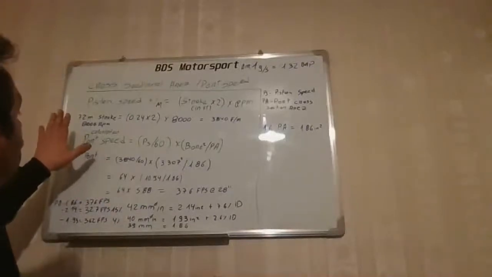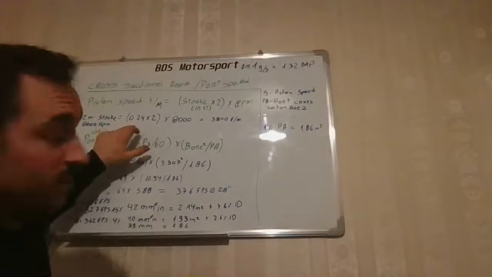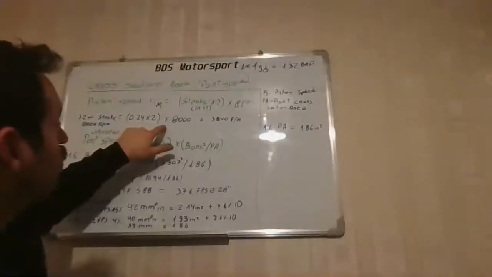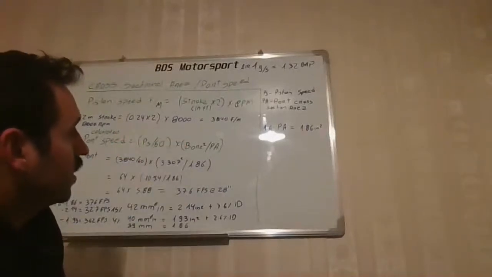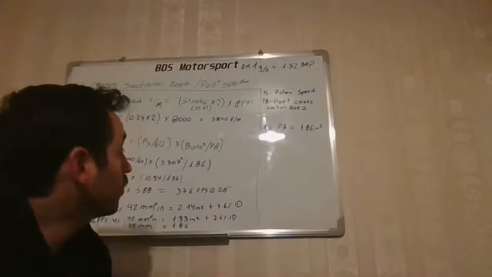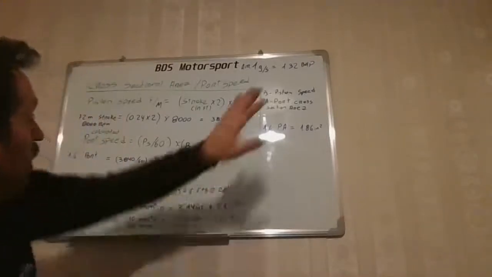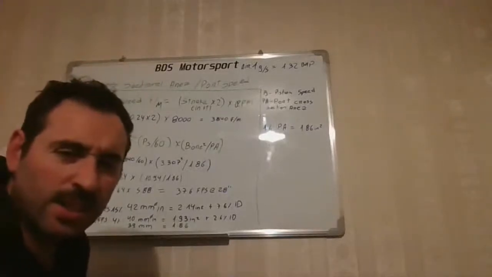So we've got the stroke is 0.24 feet. We time it by 2, then multiply it by the RPM, and we got 3,840 feet per minute. That's the piston speed at 8,000 RPM. Okay, so now we know that. And why am I looking at it at 8,000 RPM?